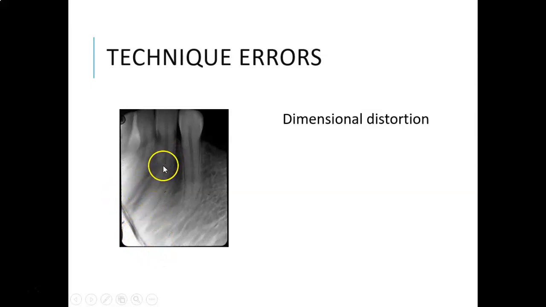And then it looks like halfway through the exposure process, the patient moved their head significantly. It started out okay for a second and then something moved. So that's what that looks like to me. It wasn't really explained well in the book. I didn't see this term dimensional distortion. If you guys see it in the book, please let me know, because I looked and I couldn't find it.